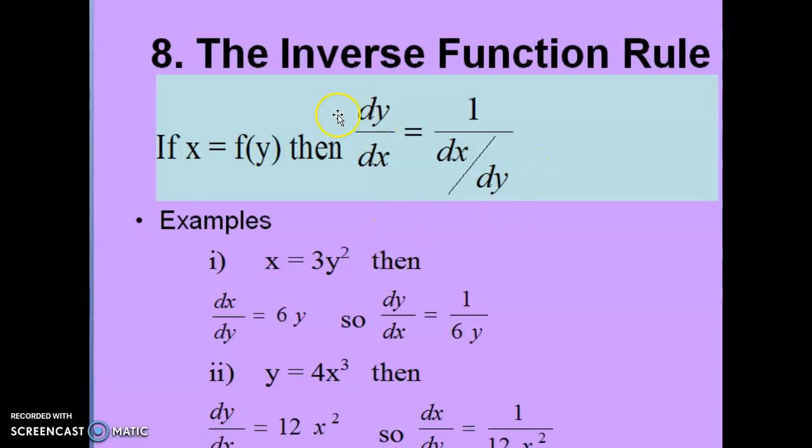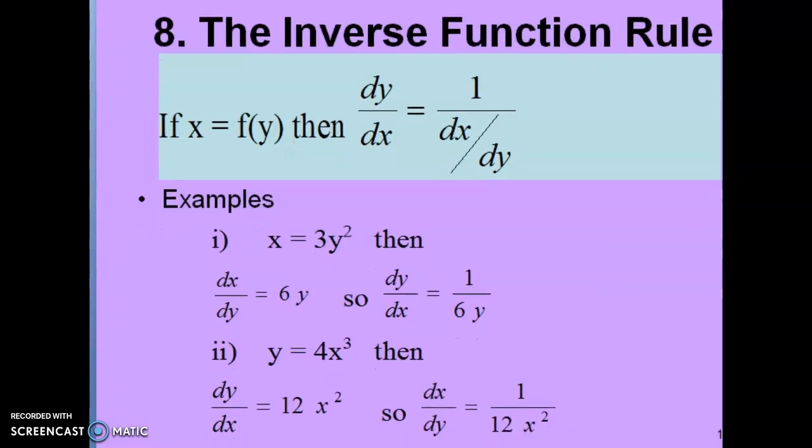All right, let's see. Maybe this is a little interesting than I thought. Right, x is equal to 3y squared. The dx dy is 6y. This is correct. Then dy dx is 1/6y. It's as simple as that. No, it's not as interesting as I thought. It's actually quite simple. Right, let us see.